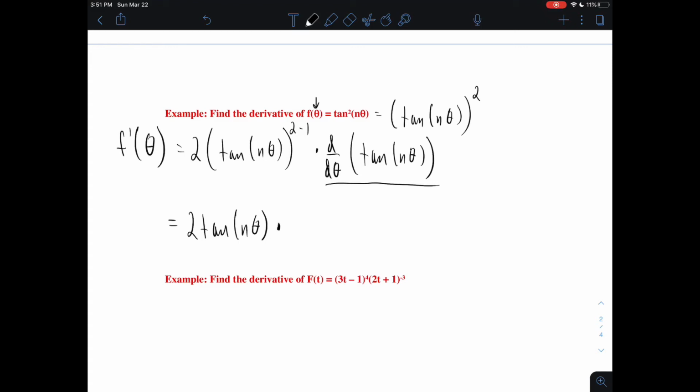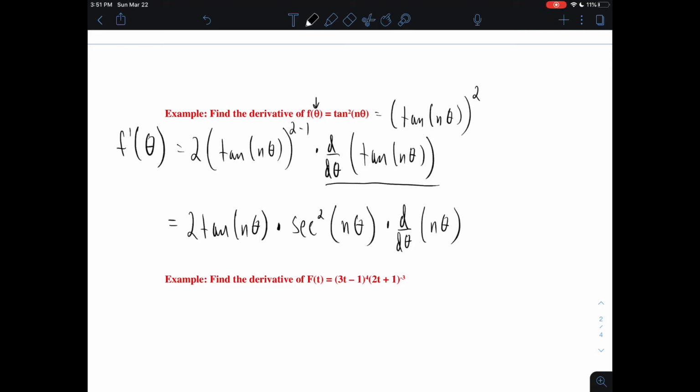Now times the derivative of what I have underlined there. The derivative of the tangent function is secant squared. And then I have to evaluate that at what was inside the function to begin with, n theta. And then I need to multiply by the derivative with respect to theta of n theta.